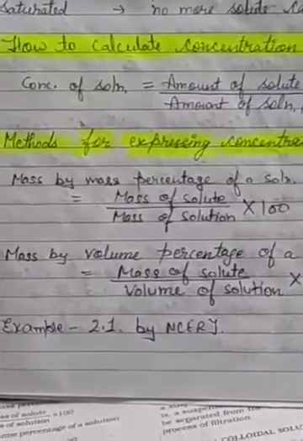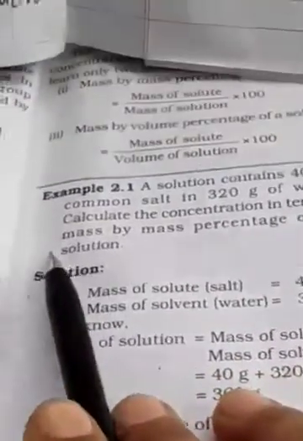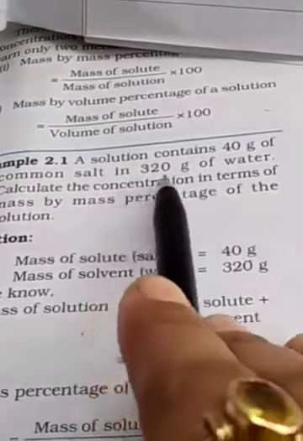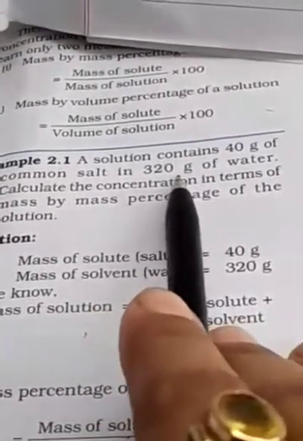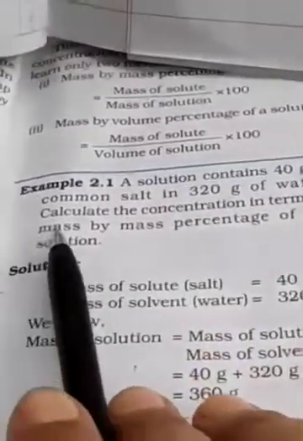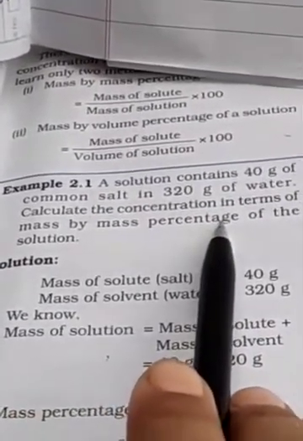Okay, it will be more clear to you by an example. Look here. A solution contains 40 gram of common salt in 320 gram of water. Means 320 gram क्या है? Solvent. 40 gram solute. Now calculate the concentration in terms of mass by mass percentage.